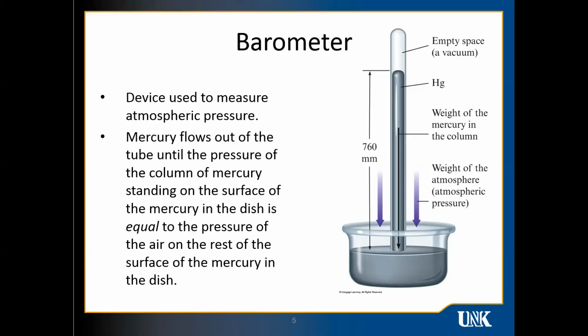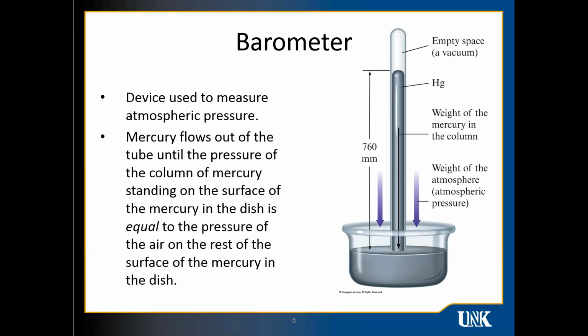If you evacuate a long tube, cap it, and then submerge it into a pool of mercury, the atmospheric pressure can only press down on the pool of mercury from the top. That's going to force mercury up this evacuated tube, and you'll have a battle between gravity and the atmospheric pressure, working in opposite directions.